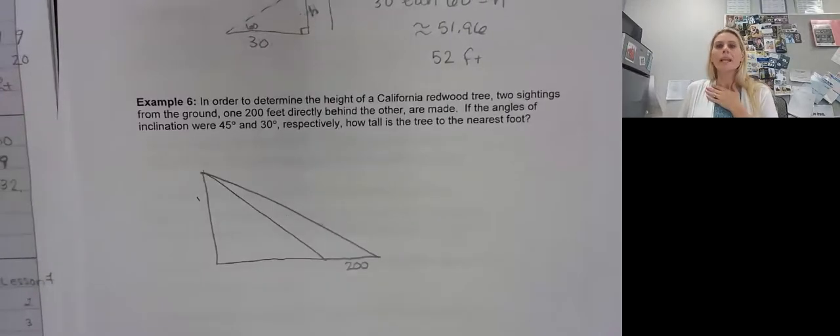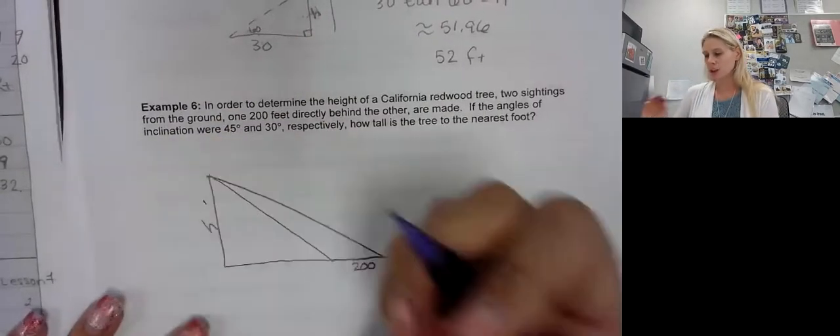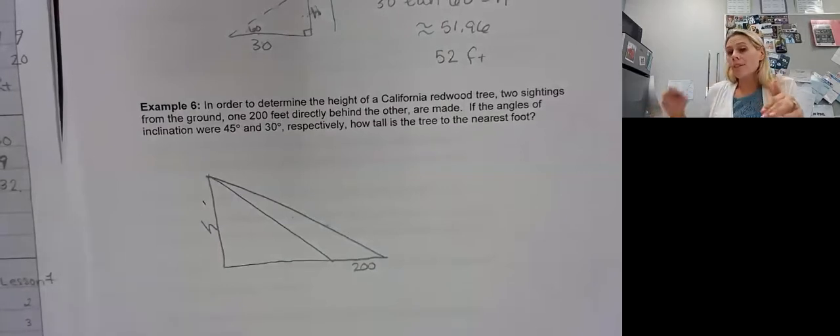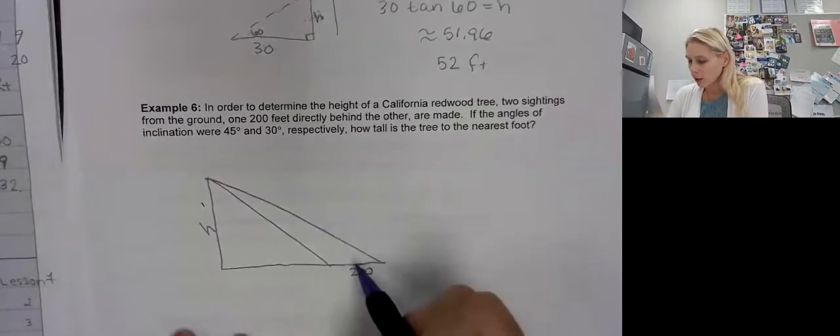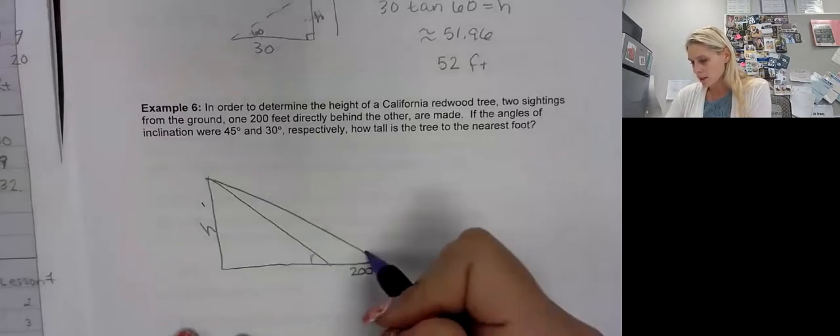Okay. If the angles of inclination were 45 and 30 respectively, how tall is the tree? Okay, first of all, this was my tree, so I'm going to put this as h. Now, this really doesn't indicate which one's 45 and which one's 30. So let's go look at this comparing. Which angle is smaller? Is it this one or this one?